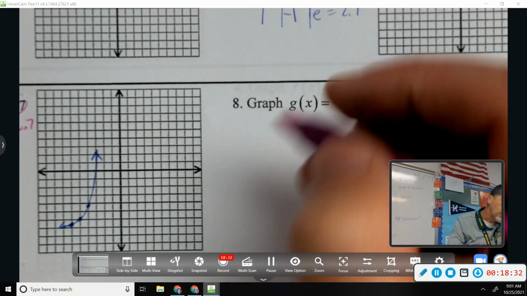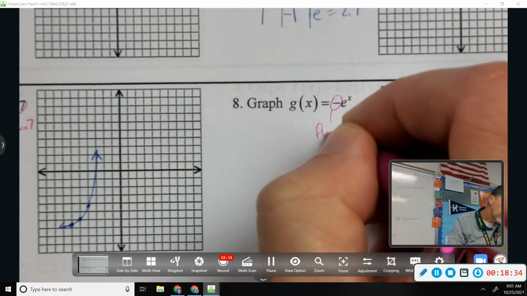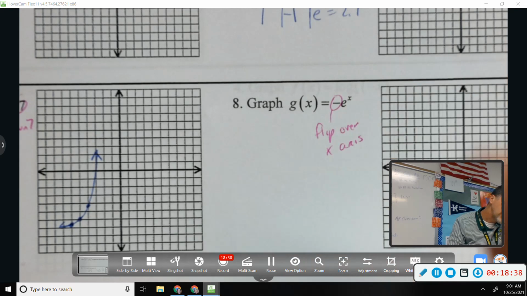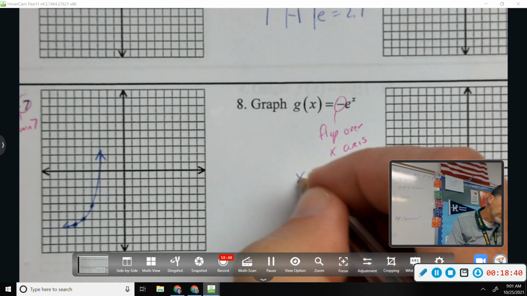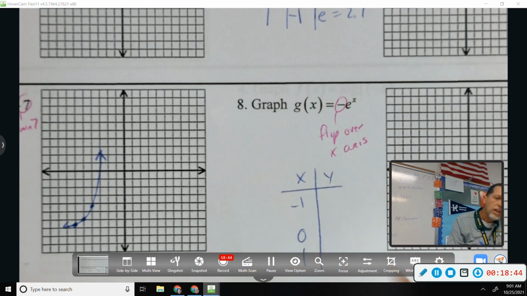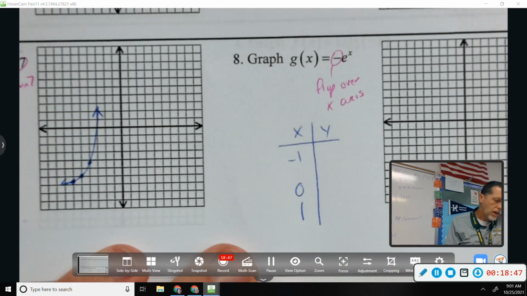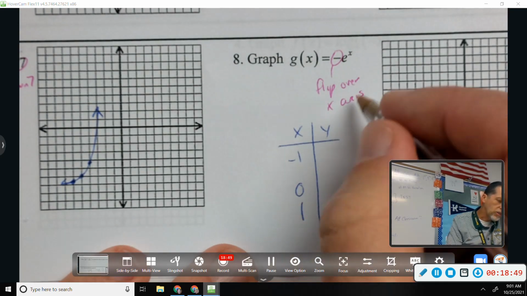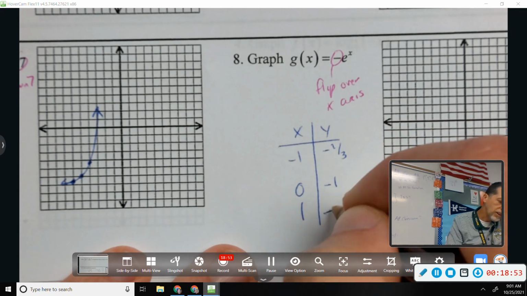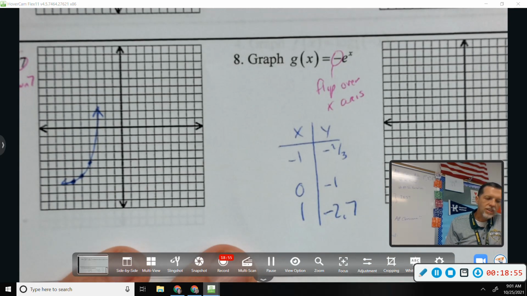What's that going to do? Flip over the x-axis. Change our y values. So our x values are the same. Our y values are now negative. So -1/3, -1, -2.7.